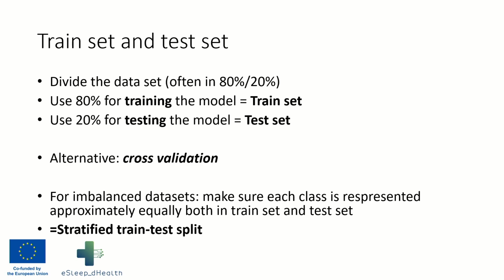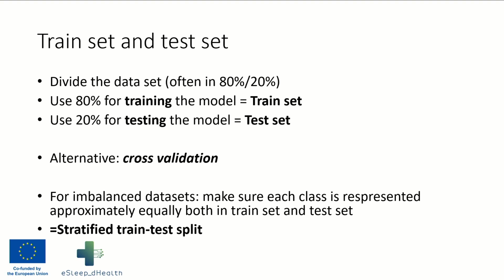So here, a little summary, divided into train and test set. If you don't have a lot of data and you feel like you can't afford to leave out 20% just for the testing, then an alternative is called cross-validation. That means that, let's say, a 10-fold cross-validation would divide the data into 10 folds and then always use 9 of them for training and 1 of them for testing, but then run the model 10 times.